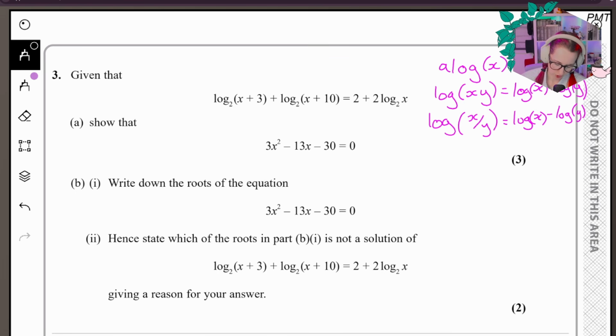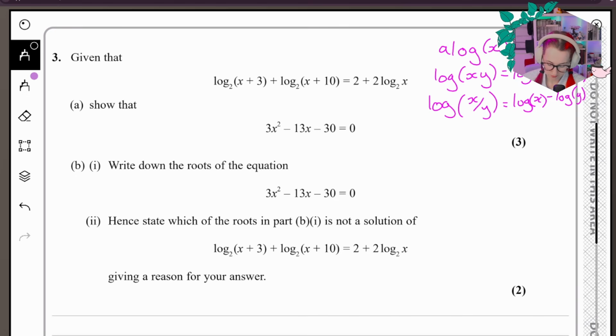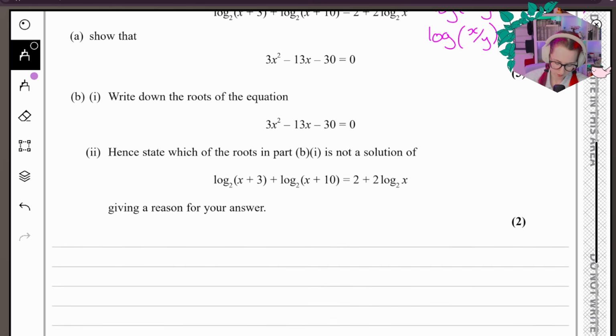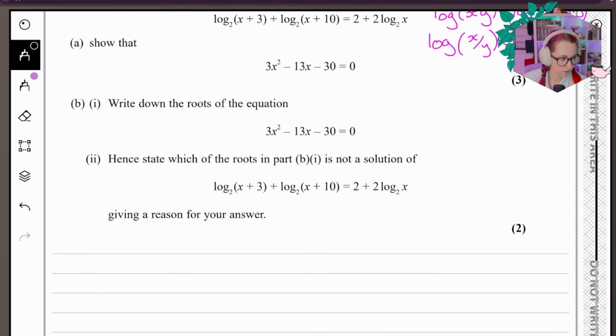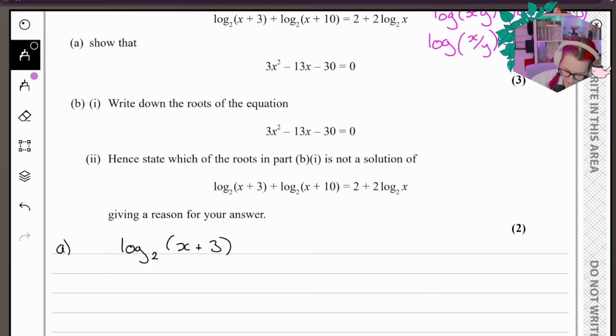So given that expression, show that this expression is equal to 0. The first thing that I'm going to want to do is move some stuff around. So let's write it out here. And we're in log base 2, which shouldn't make too much of a difference, but we just need to be careful of that when we take the exponent, like 2 to the power of something.